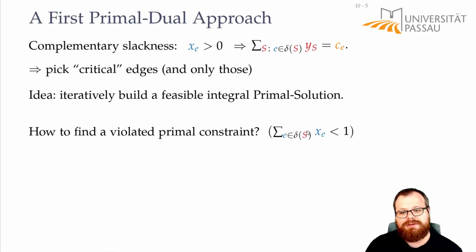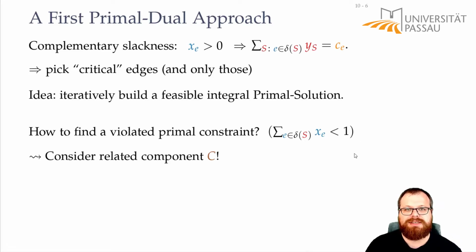How do we find a violated primal constraint? That is, if there's some set such that none of the edges that leaves the set is chosen. Well, there are exponentially many, so finding one would take a lot of time, but if there is one, we can easily find one by just looking at connected components. If we look at the connected component that contains the terminal Si, we can easily check: does it also contain the terminal Ti?